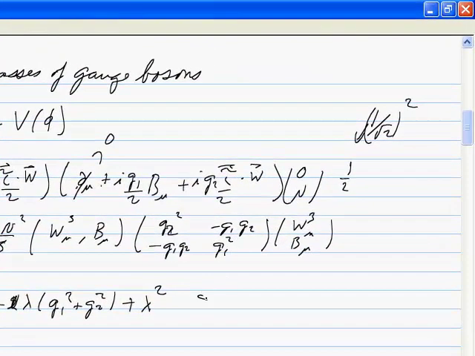Okay, so one of the eigenvalues is lambda equals 0. The other one is G1 squared plus G2 squared.